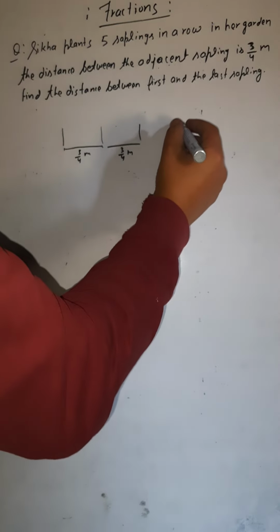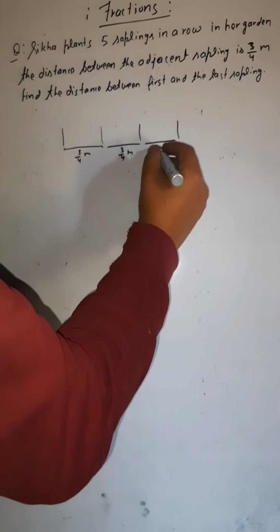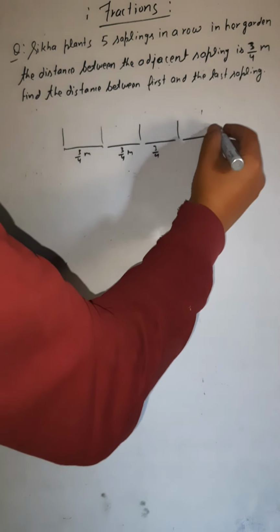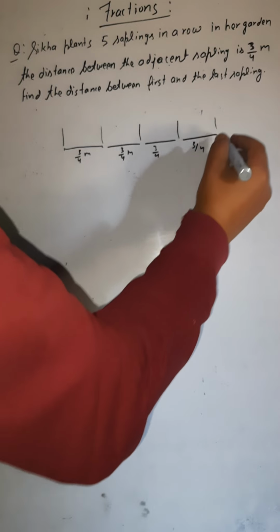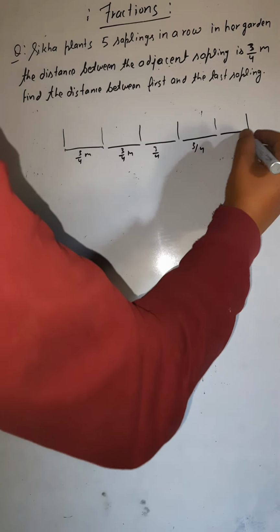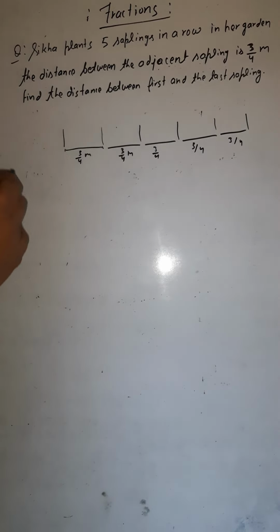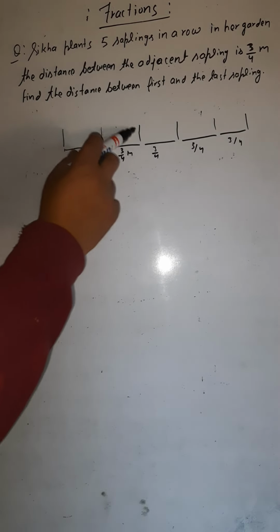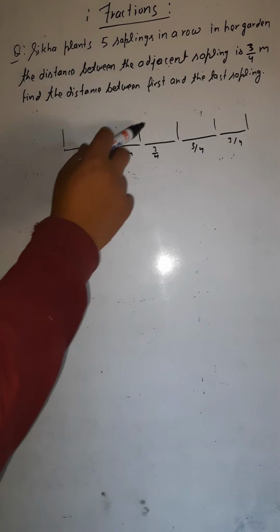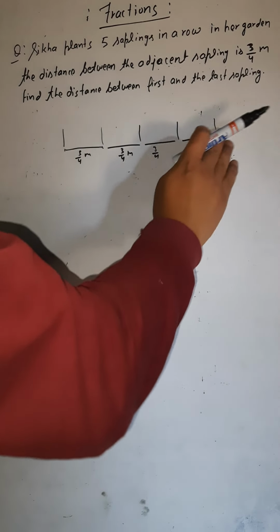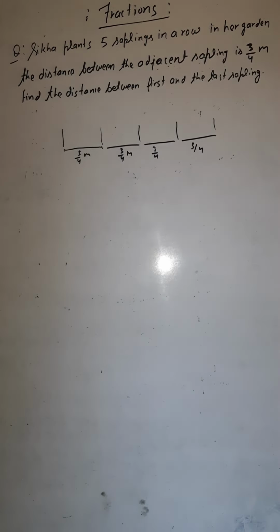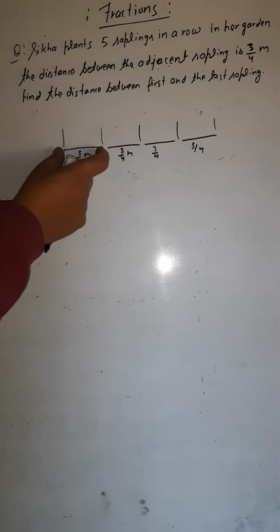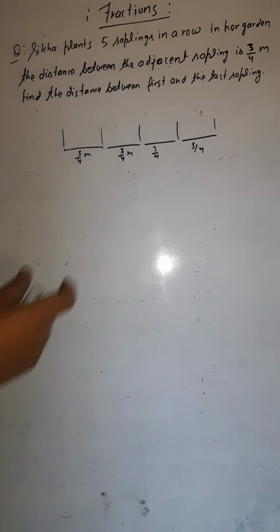Again the next sapling here, the distance is the same, 3 by 4. Next is here, again 3 by 4. Next sapling plant here, again 3 by 4. So this is how Sikha has planted 5 sapling plants in a row: 1, 2, 3, 4, 5. Okay, so these are the 5 sapling plants planted by Sikha in a row, and the distance between adjacent sapling plants is 3 by 4 meter.